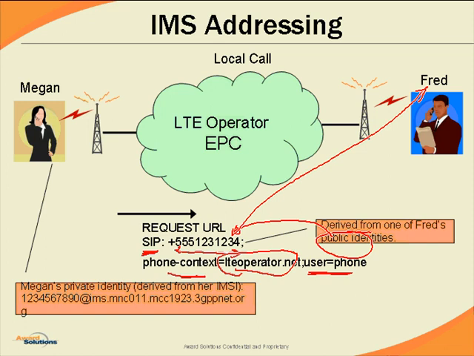Now, there are also so-called private identities. So if you recall, every subscriber has a private identity called IMSI. But we do not want to use IMSI as far as possible.